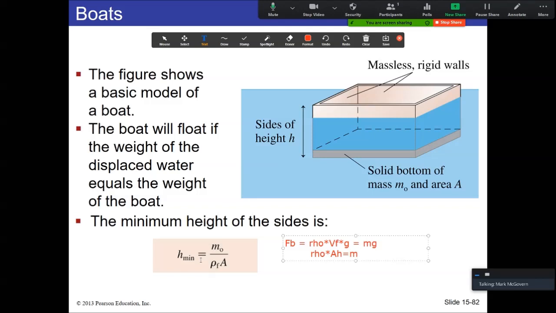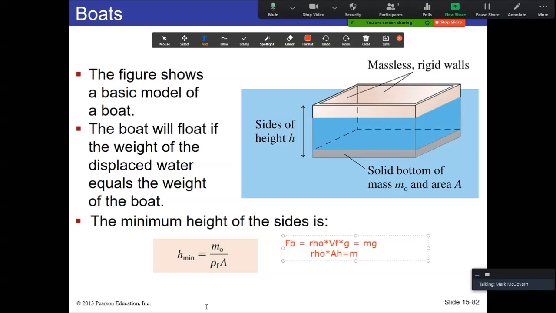It's the mass of our object divided by rho A, where A is the surface area. If you create a really large surface area, that makes this ratio small, so H can be small. You don't want H too high because you could have an issue with gravitational torque, and things can topple over. So you actually want a really small height to support the object.